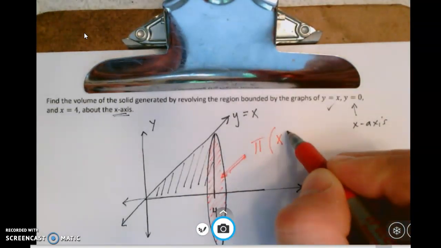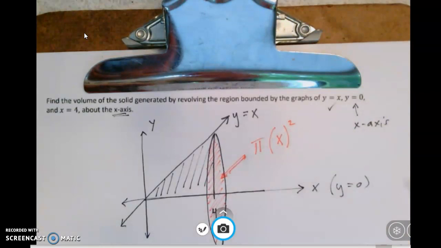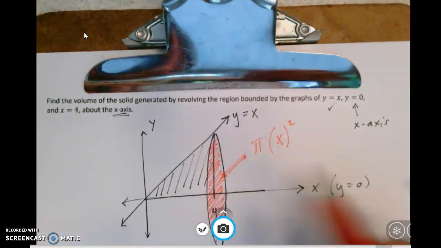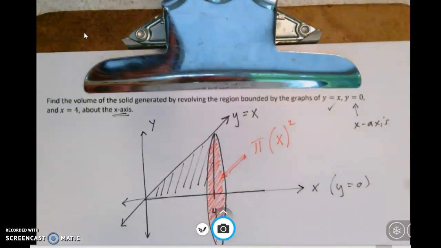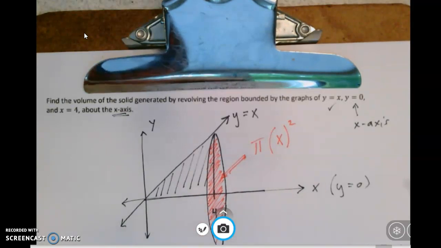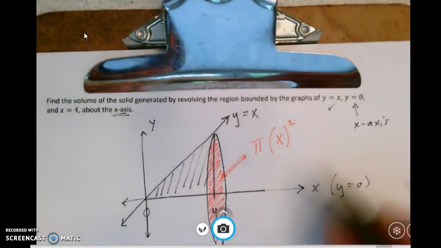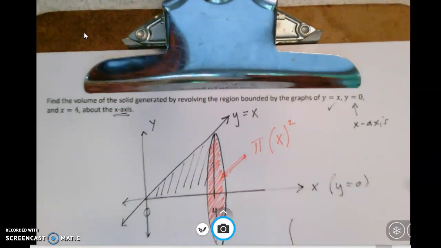So I'm just going to say pi x squared. Now, this is x, but we know it to be 4, but it doesn't matter. Anywhere around here is my function squared. And we're going from 0 to 4, because this is 0, because that's where they intersect. So this whole thing, when I'm rotating this, becomes the integral.